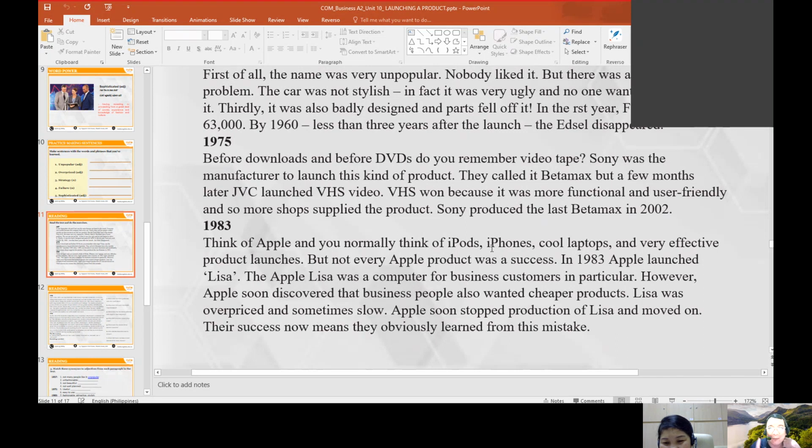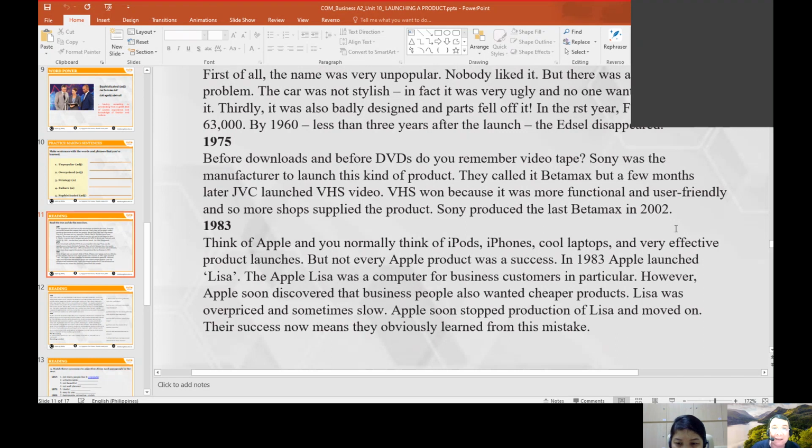Before it was a VHS, but unfortunately Sony, the well-known DVD maker, produced the last Betamax in 2002. That means it was already gone also.